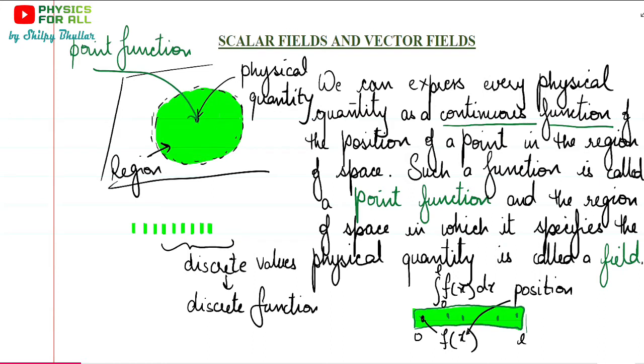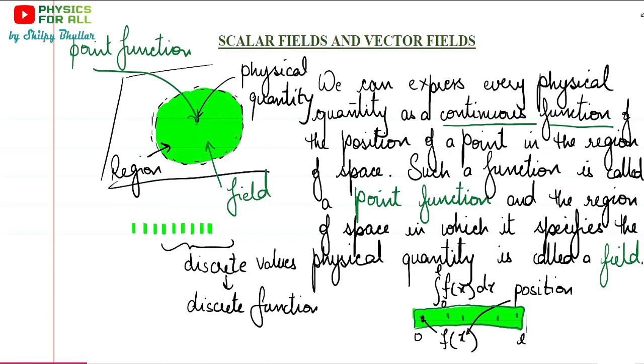This region is called a field. If this is your point function, everywhere you will experience the same quantity.